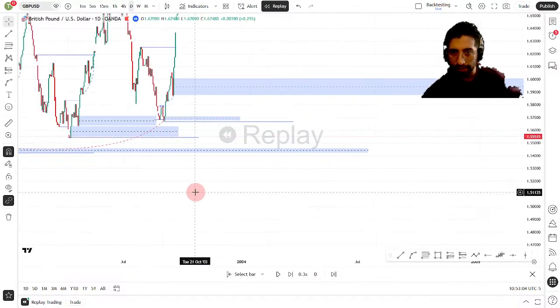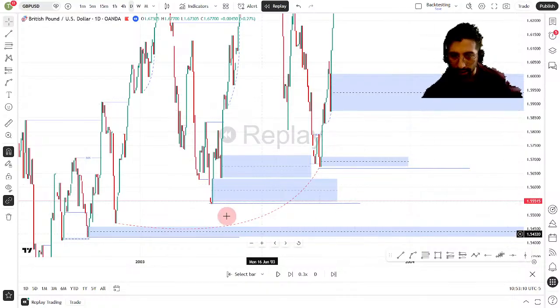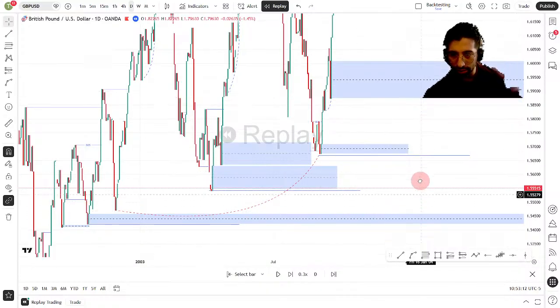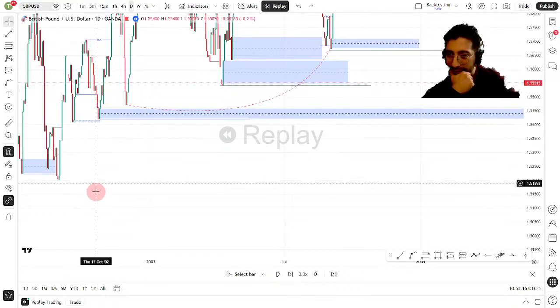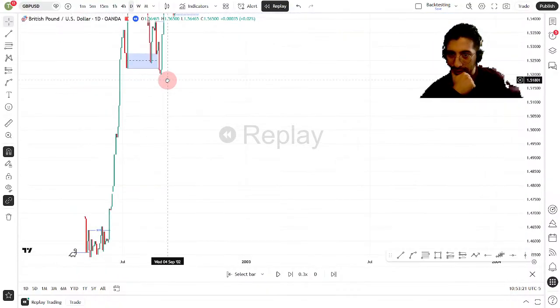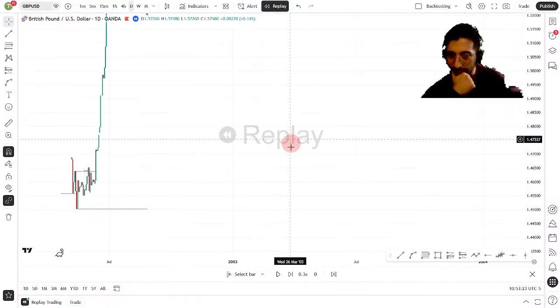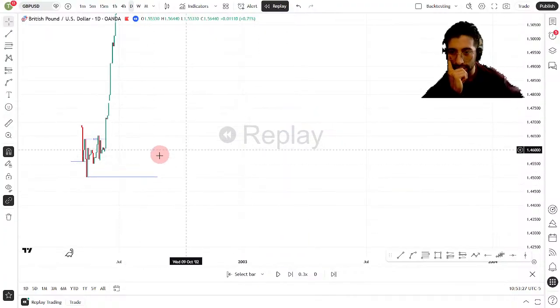The price may come here, excuse my language, take the liquidity and continue pushing. Maybe have a reaction. Still, there is a lot of liquidity below this low. Maybe here, no, this is still liquidity. Honestly, it can even come to the beginning.